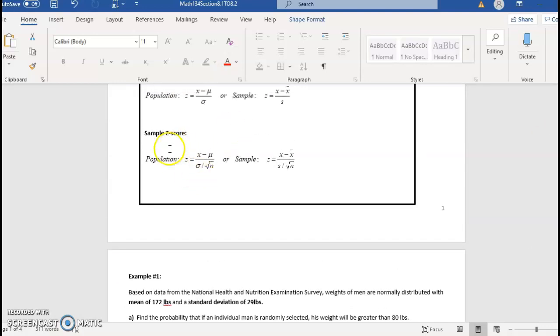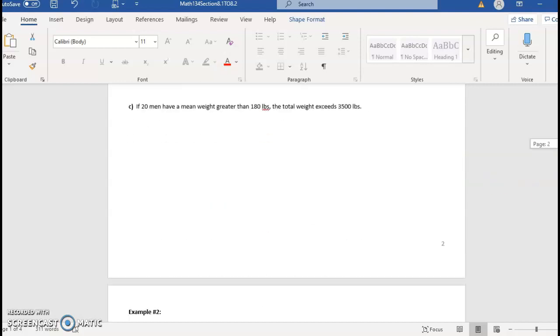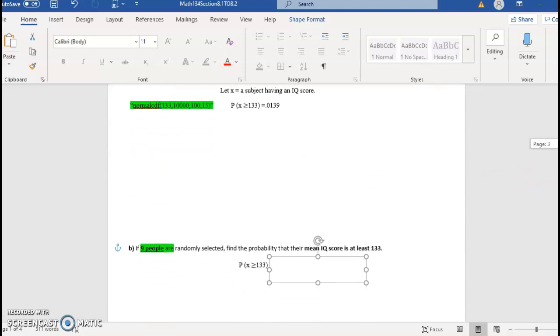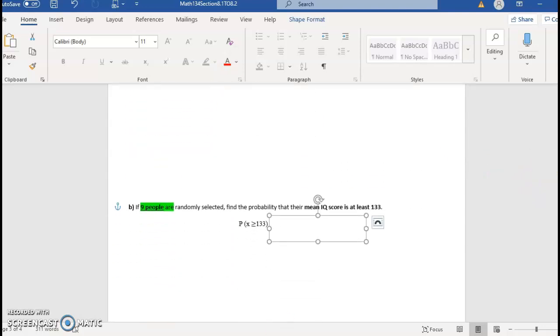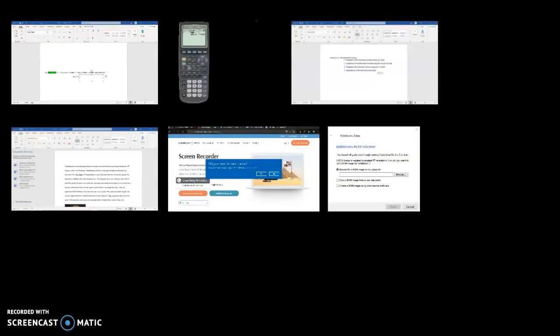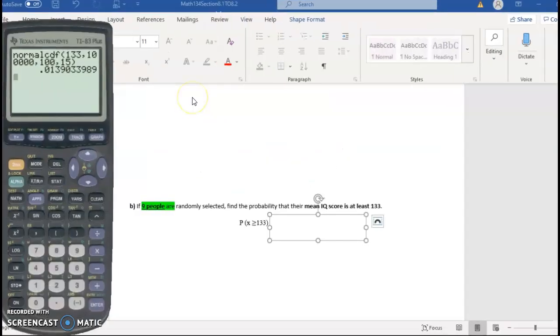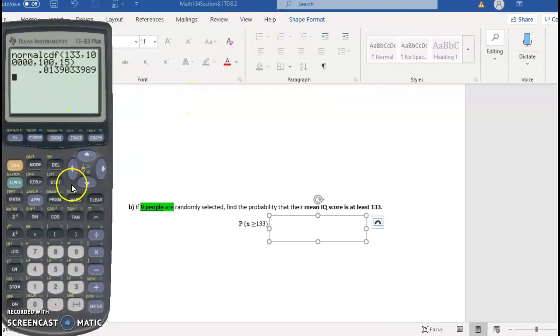We're using the z-score for a sample mean, so you're dividing by the square root of n. In essence, we're working on the same problem as part A, except that we need to make a minor adjustment.